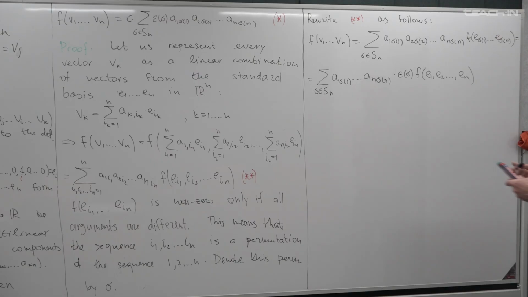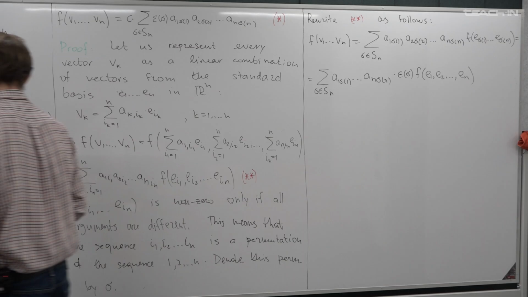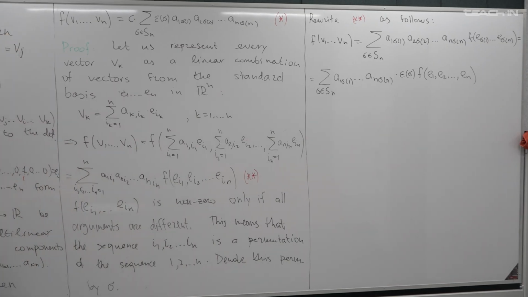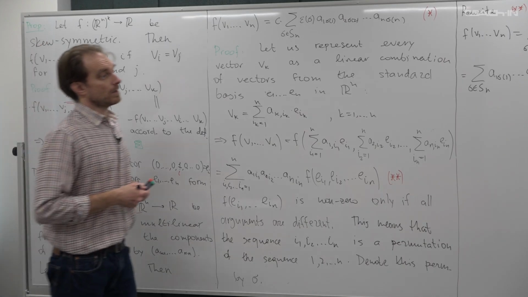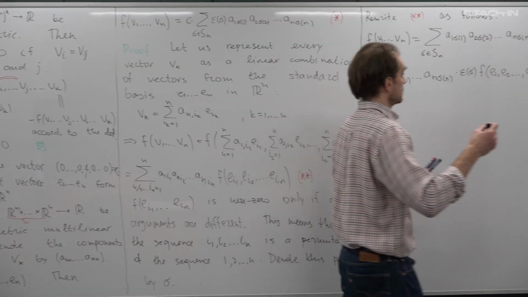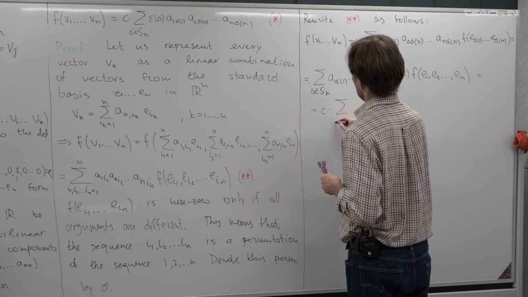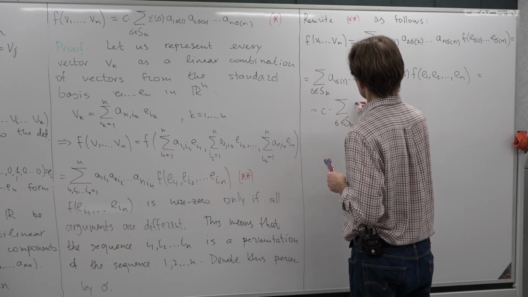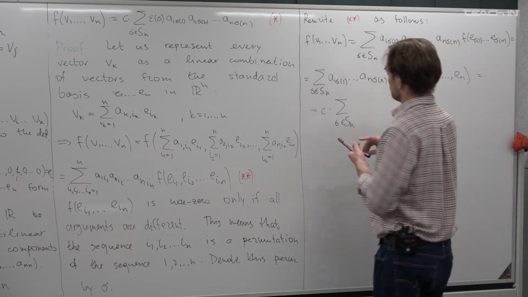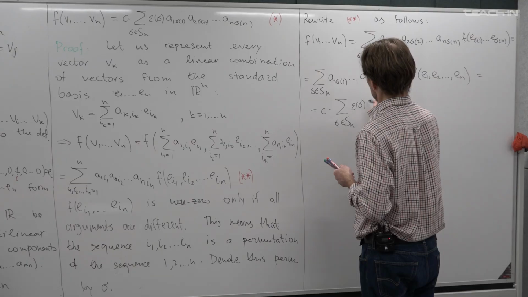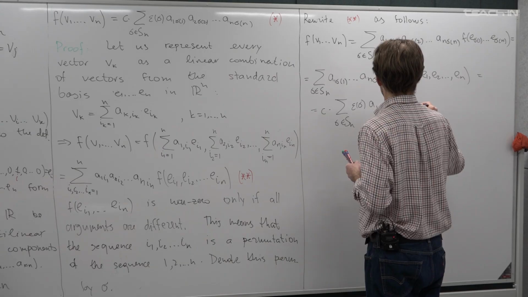And according to our notation, c is just the value of our function on this set of variables. So we can rewrite this formula as c multiplied by the sum over the set of all permutations of epsilon of sigma multiplied by a sub 1 sigma of 1, etc., a sub n sigma of n.